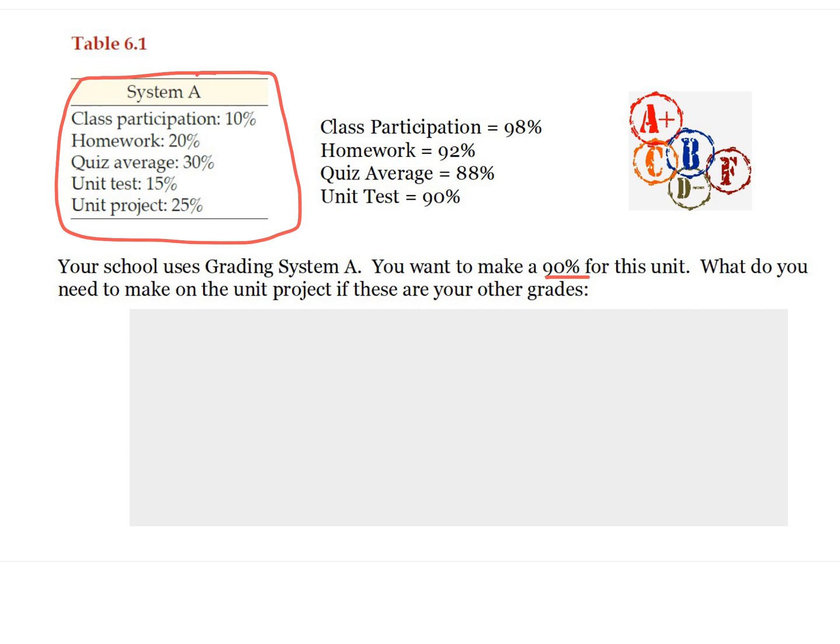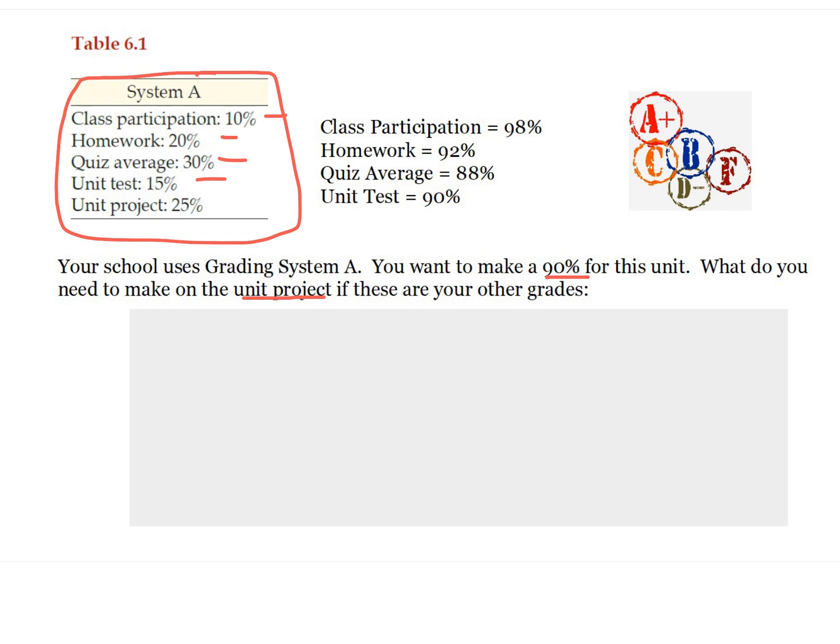What do you need to make on the unit project if these are your other grades? So you have your class participation grade, you have your homework grade, you have your quiz average, you have your unit test. We just are missing that unit project that's going to be at 25%. And so we've got to figure out what do we need to make on that unit project in order to make that grade of a 90%.